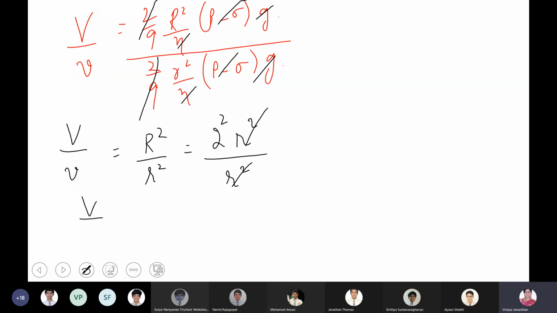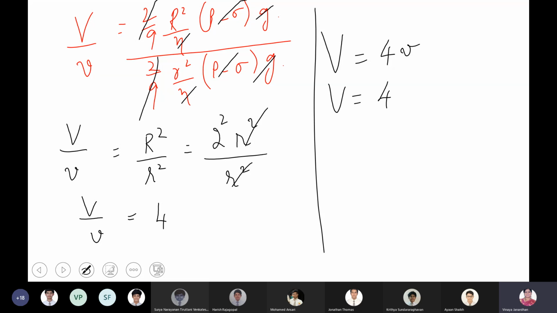So V by v is equal to 4, or capital V is equal to 4 times small v. What was the velocity of the smaller drop, boys? 5 centimeter per second. So V becomes equal to 20 centimeter per second.